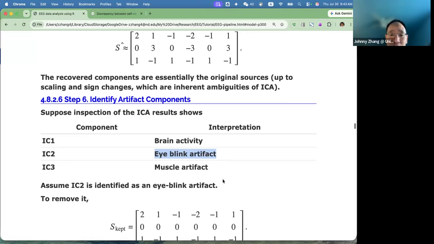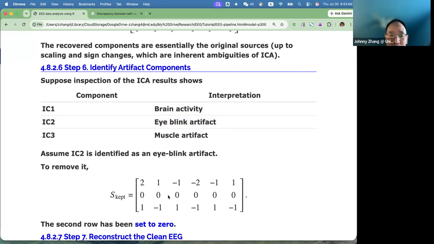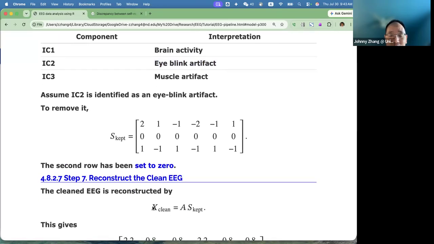How to do that? Basically, what we do is we simply replace all the information in this source signal with zeros. Notice that all of this is equal to zeros, and then we can calculate the cleaned EEG signals by multiplying the A matrix to it.